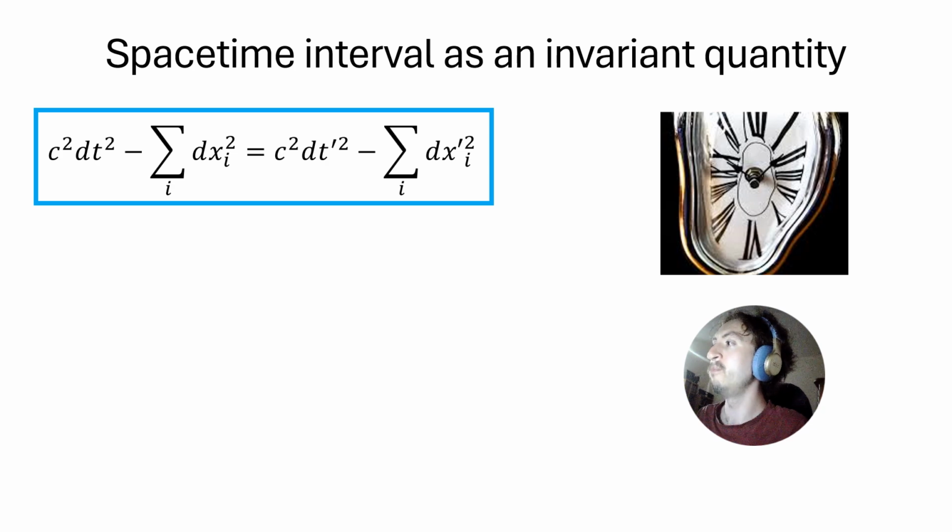A moving observer can still see something else moving relative to them. For example, if I'm on a train moving at 20 kilometers per second, my laptop might be stationary in my reference frame, so I might say dx prime is 0 if I'm talking about the motion of my laptop.